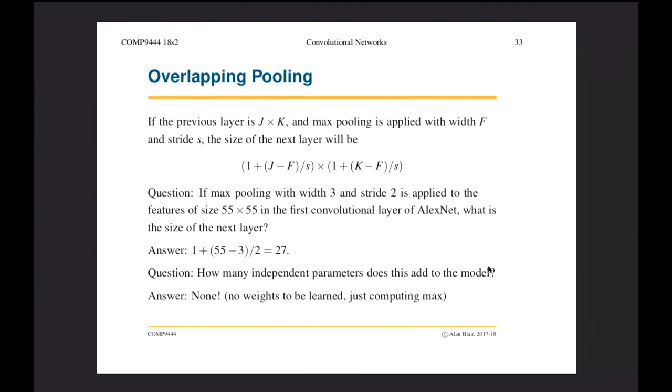Could pooling reduce the number of independent parameters? Indirectly, it kind of does, because it reduces the number of neurons in the next layer, and therefore you're going to have fewer parameters from that layer to the layer beyond it.